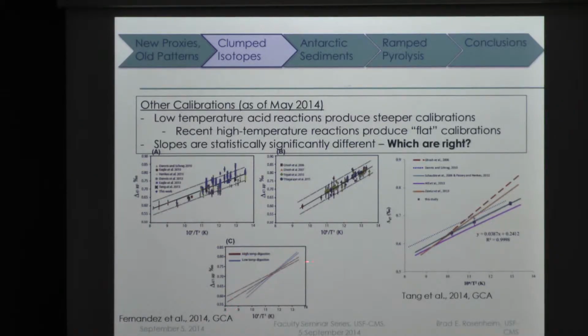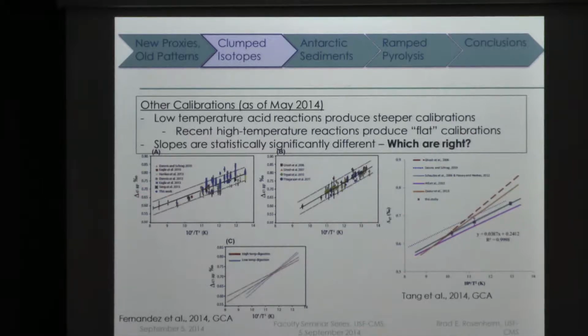But he broke down the analysis into laboratories that use a higher temperature acid digestion of the carbonate, which come up with a flatter slope, and laboratories who use a colder temperature, which come up with a steeper slope. And the steeper slope is more like the original calibration, but more and more labs are coming up with this flatter calibration. And you can kind of see that this is a breakdown of the raw data.